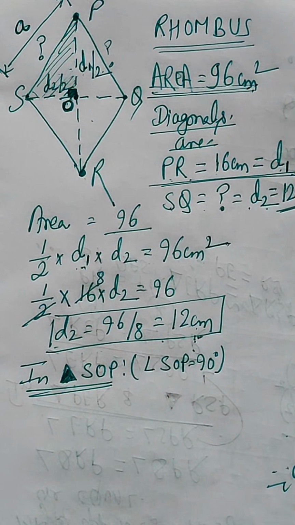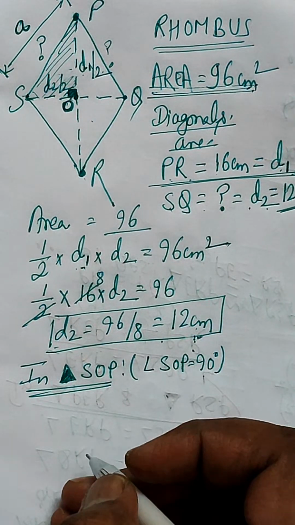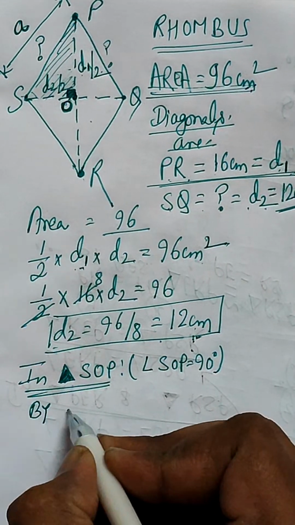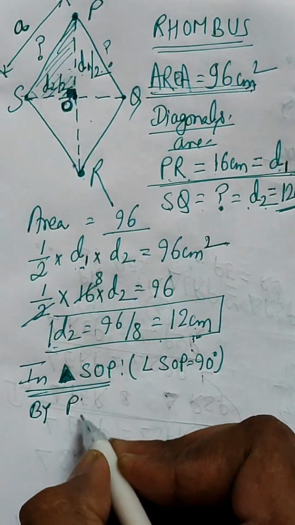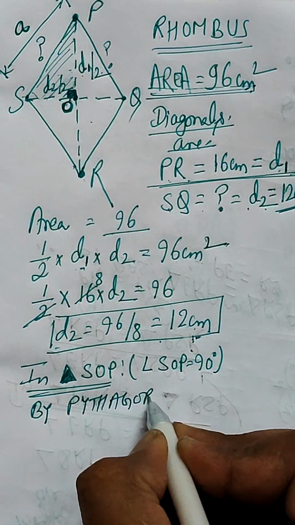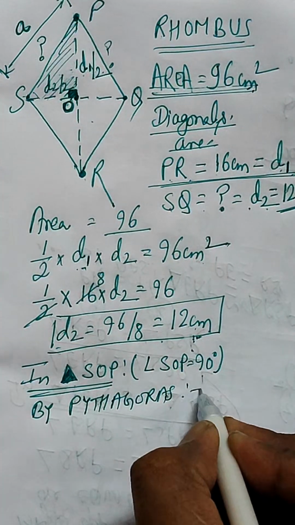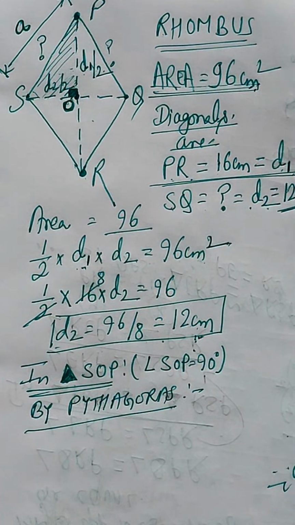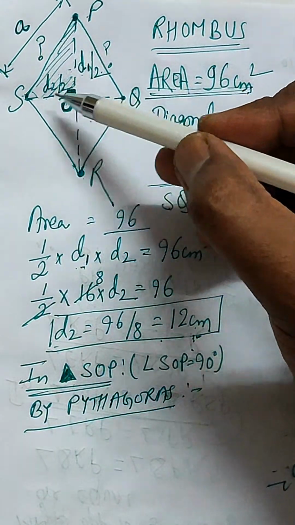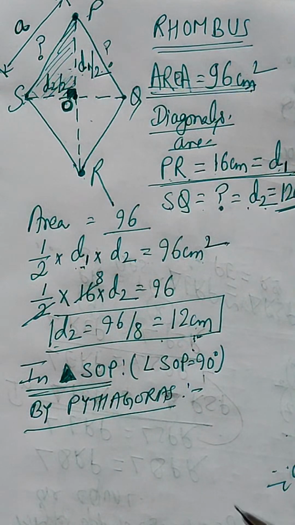In this triangle, just apply the Pythagoras theorem. By application of the Pythagoras theorem, we can say that SP square equals PO square plus SO square.